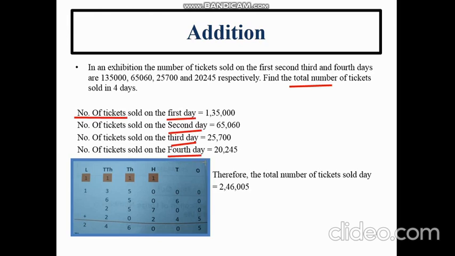When I jotted down all the information and with the keyword, I got to know that I have to add. You can see on the left side that the addition has been done. And what is the answer we got? The answer is that therefore the total number of tickets sold is 2,46,005.